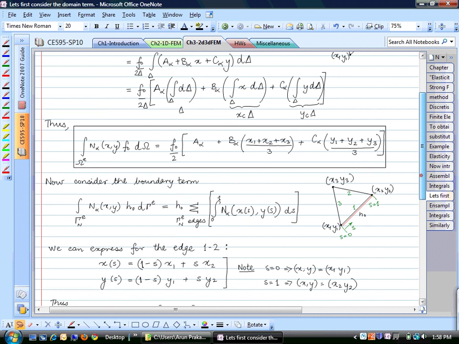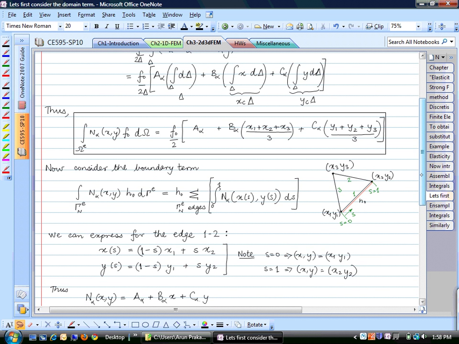So now, we'll take a look at an example of that, and let's consider the boundary force, the boundary term first. So we have the same sort of expression here. We want to evaluate N1, N2, N3 times h naught, and we want to evaluate only over the part of the boundary on which the heat flux is specified.